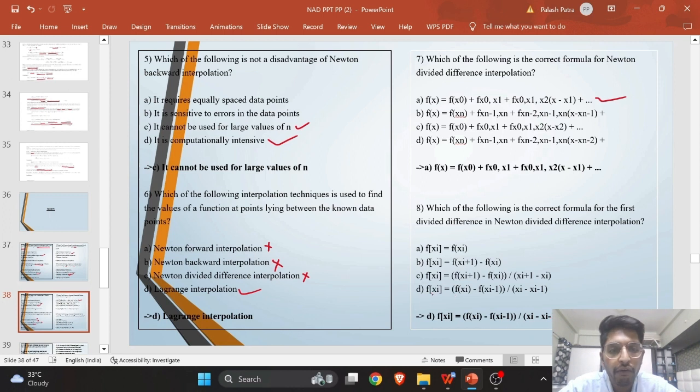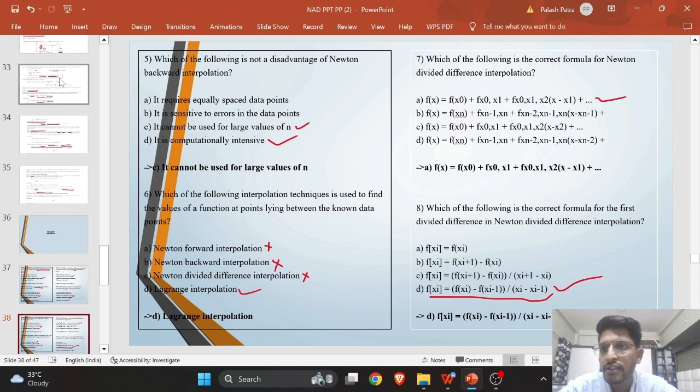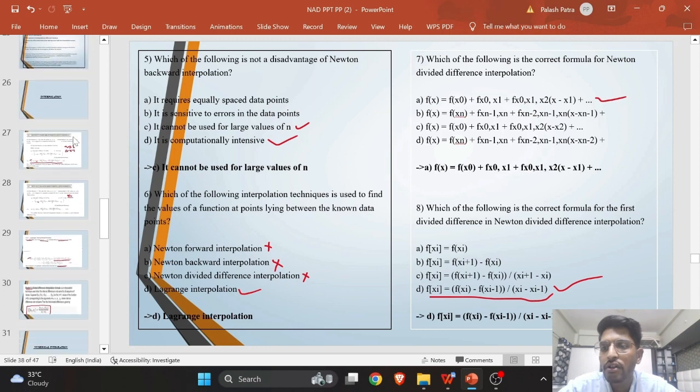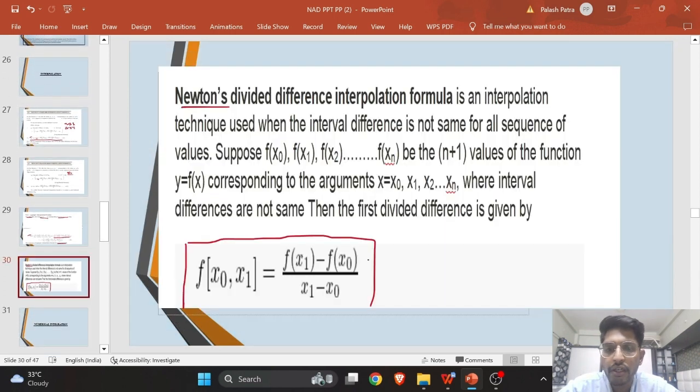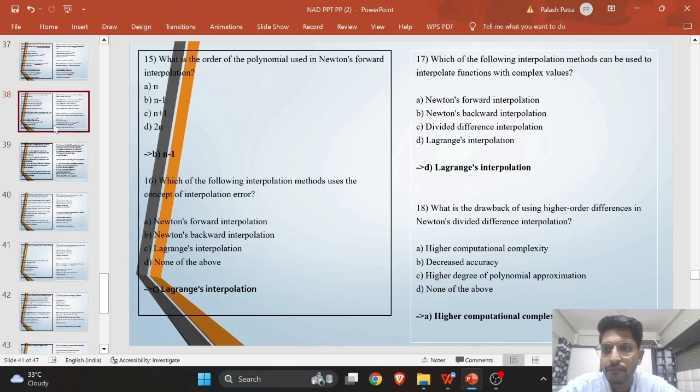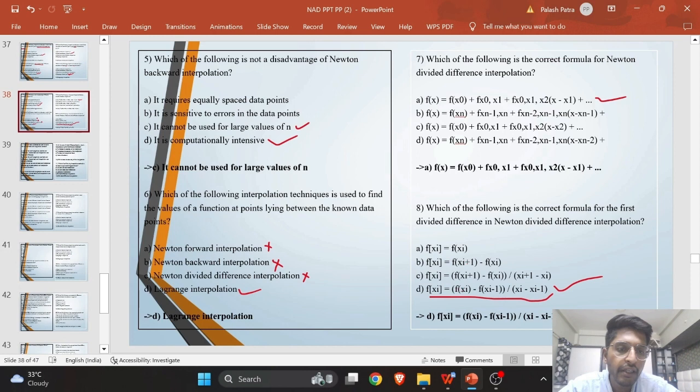So option D, f of xi minus f of xi minus 1 divided by xi minus xi minus 1, is correct, as we have already seen the formula for the divided difference: f of x0 comma x1 is f of x1 minus f of x0 divided by x1 minus x0. So option D is correct.